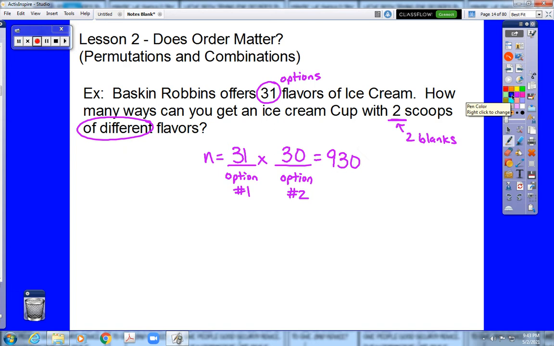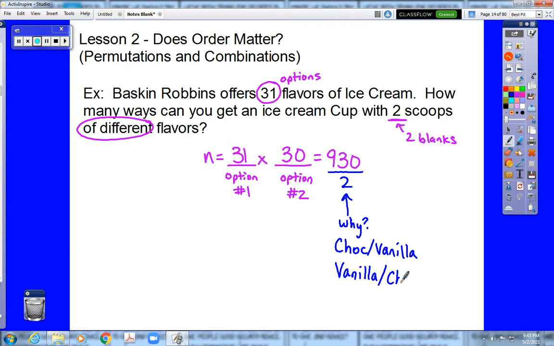However, this is not the correct answer because we need to divide that number by 2. Why? Well, because, for instance, 2 of those flavors undoubtedly are chocolate and vanilla. And since we're not looking at a situation where we're stacking these or anything like that, these 2 options here are the same.